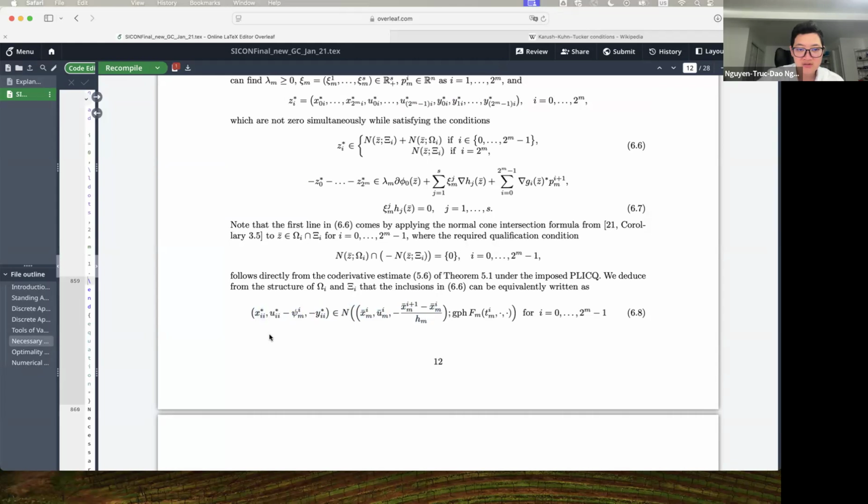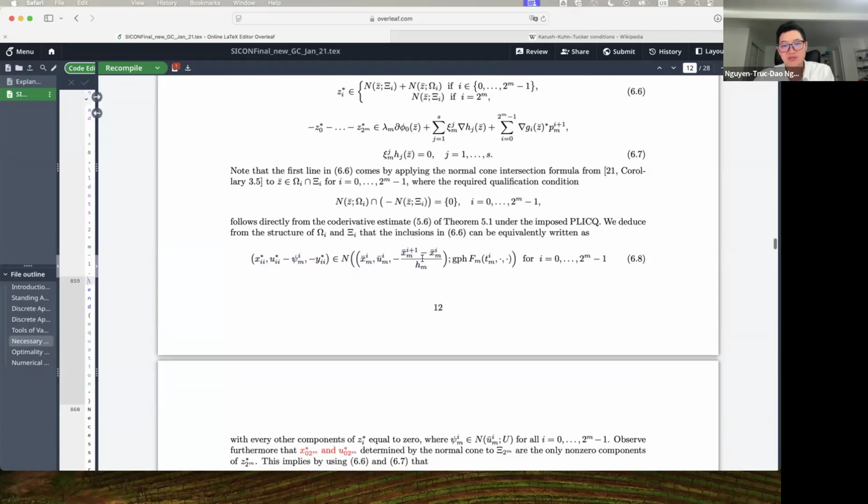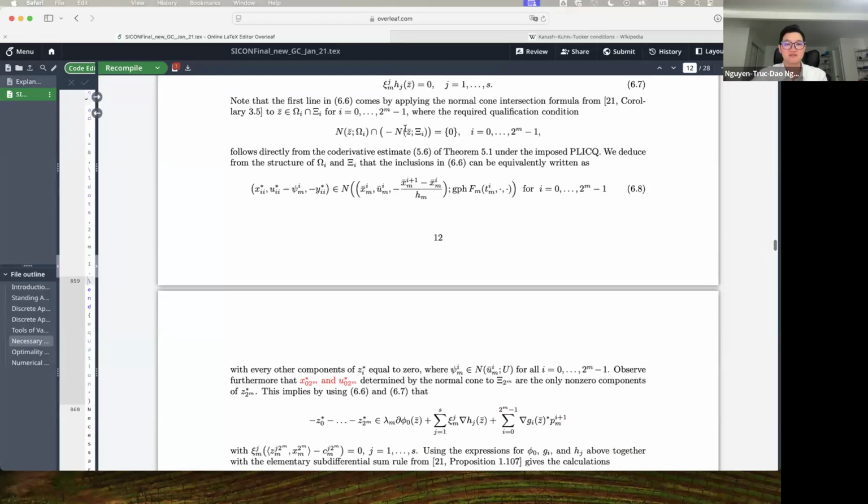So in 6.8, you have x star i, u star i minus this term, negative y star i, belongs to the normal cone here. It takes time to explain this one as well. It's not obvious.